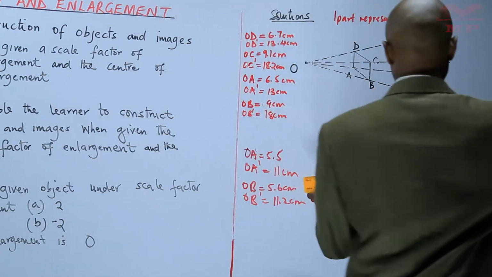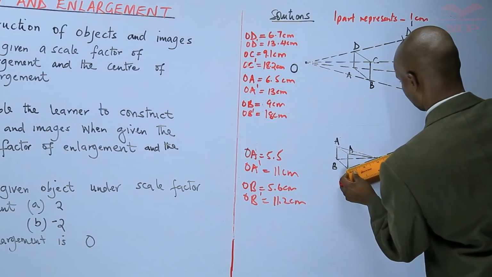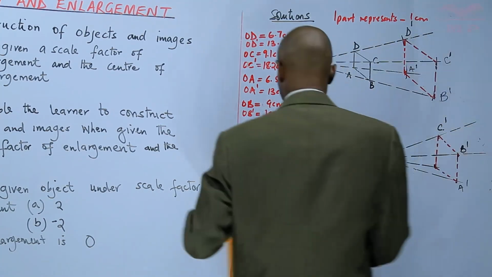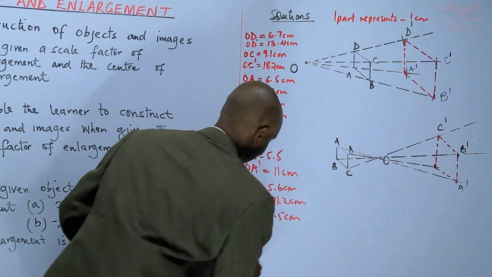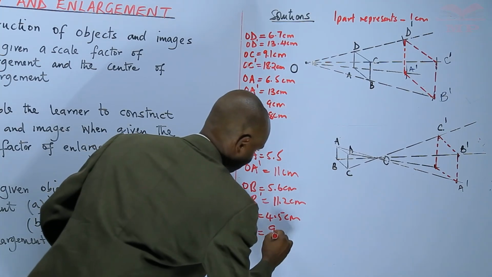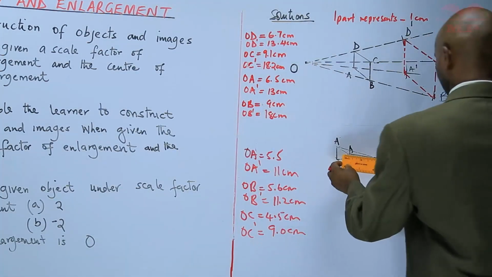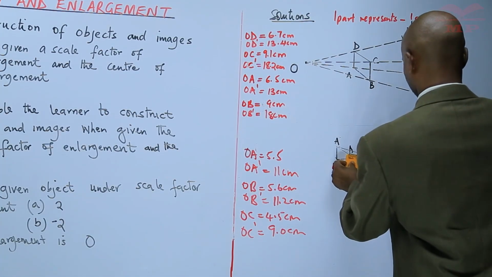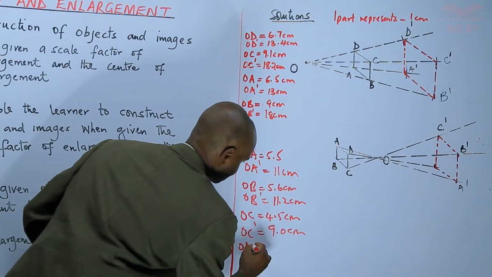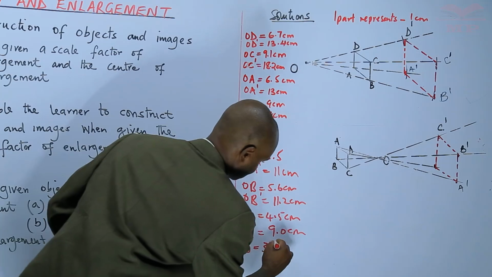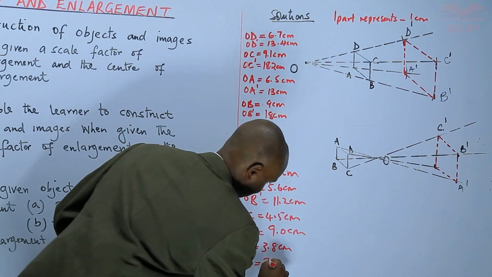We come to C, OC was 4.5 centimeters, OC prime was 9.0 centimeters. And we come to D lastly, OD 3.8, OD prime is equal to 7.6 centimeters.